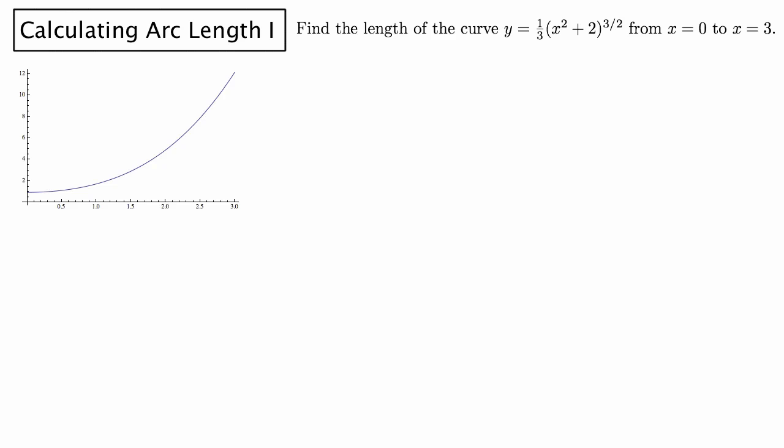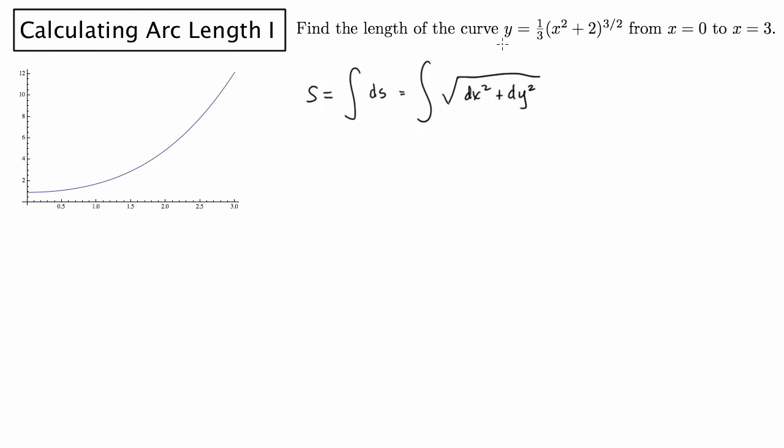Now, let me just quickly remind you of our arc length formula. The arc length of a curve is the integral of this ds element. And if you remember, the ds element is the square root of dx squared plus dy squared.